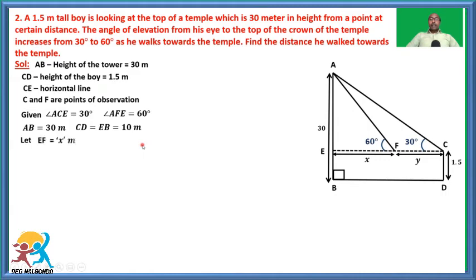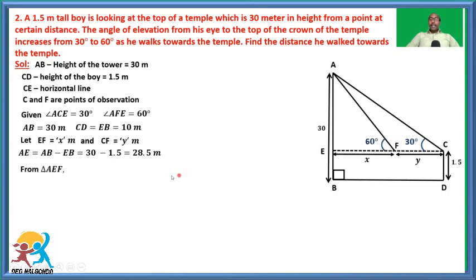Let EF is equal to X meters, and CF is equal to Y meters. Now, the distance AE is equal to AB minus EB, that is 30 minus 1.5 is equal to 28.5 meters.